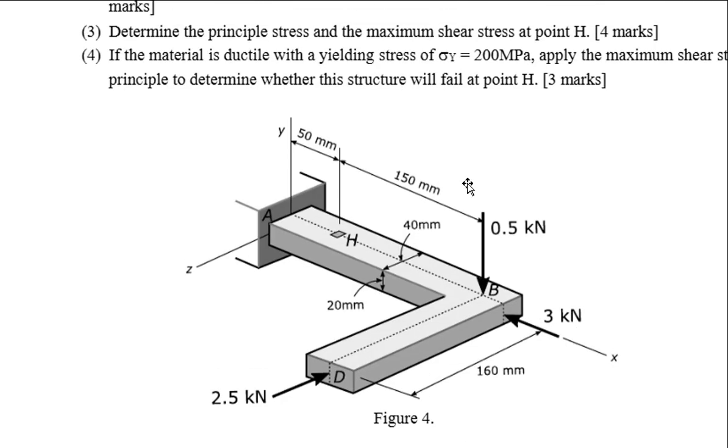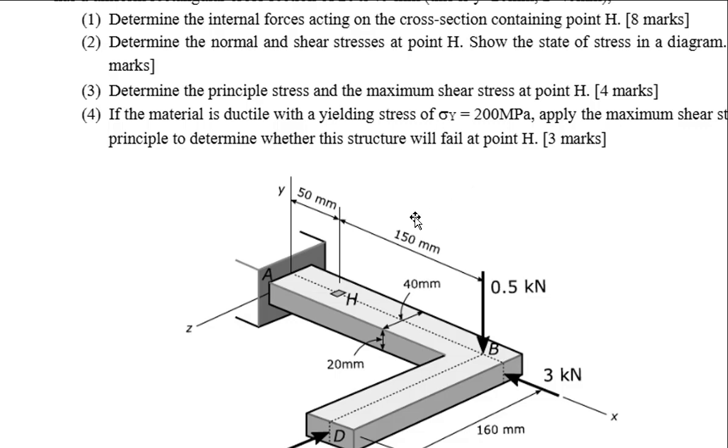And the question is, first you want to find out how these external forces develop normal stress or shear stress at point H, and then all these stresses, normal and shear, you have to combine them using the Mohr circle to find out either the principal stresses or the maximum shear stress.